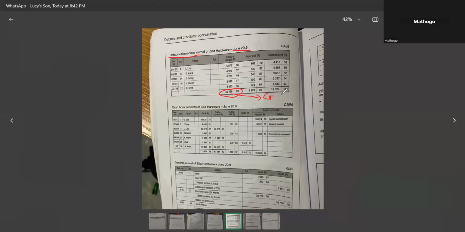Does it make sense? Yes. So the question is, where do assets decrease? Do they decrease on the debit side or on the credit side? The ledger account debtors control is an asset. So will it decrease on the debit or on the credit side? That was the question I was asking you.